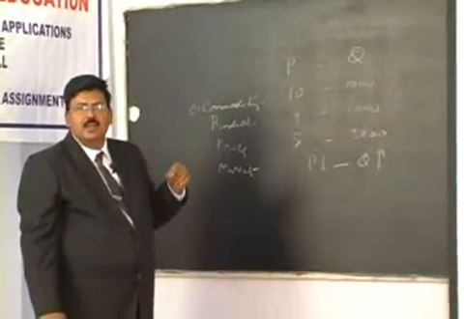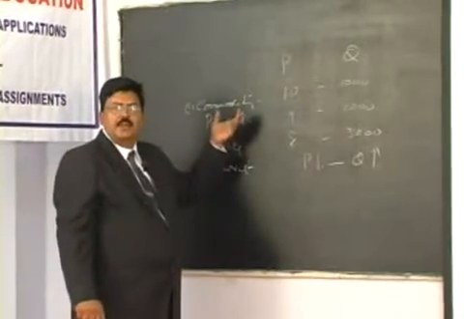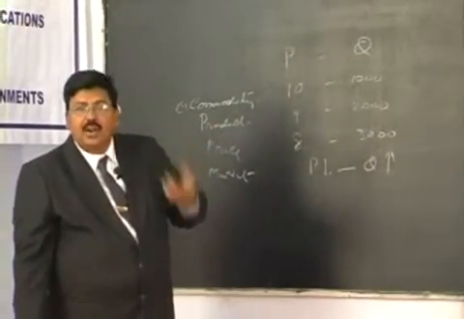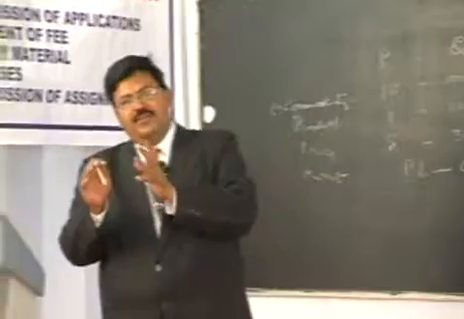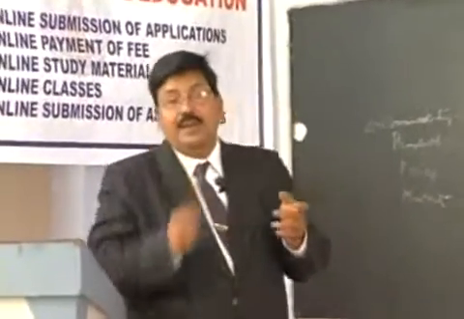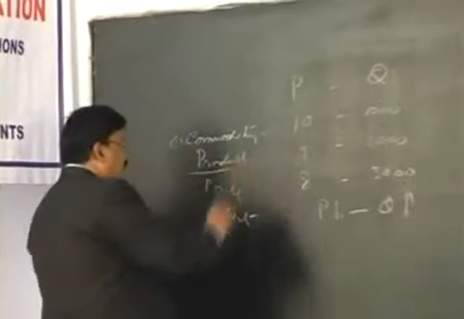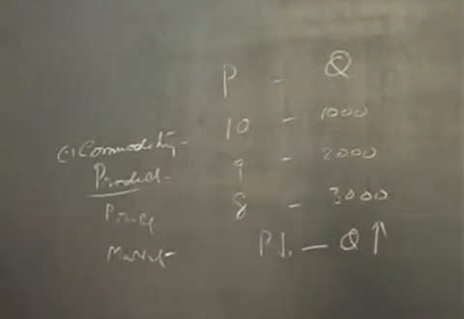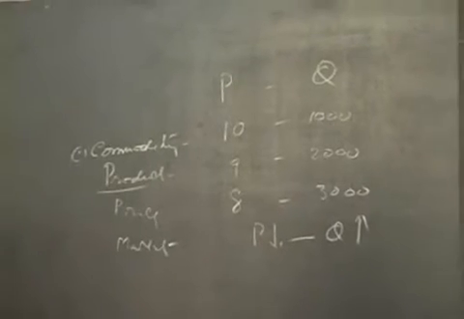That means automobile is a commodity, while Swift Dzire is a product of Maruti Udyog Limited. Now let us see what is the meaning of price in economics. Price means money value per unit of the commodity. It always has a simple meaning: price means money value per unit.